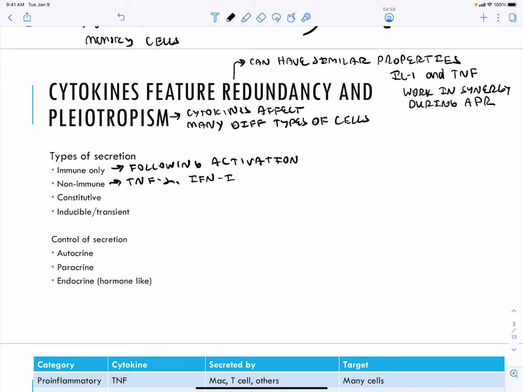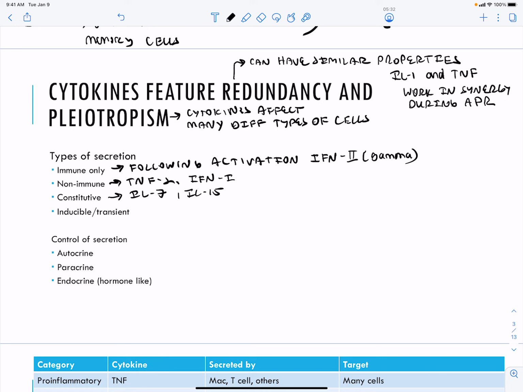Interferon 2 is interferon gamma, that is immune only. I'll put interferon 2 up here. And we typically write it with Roman numerals. We have constitutive, so that's going to be things like our IL-7 and our IL-15 that we just discussed. IL-7 more for development and naive, IL-15 more for memory cells.